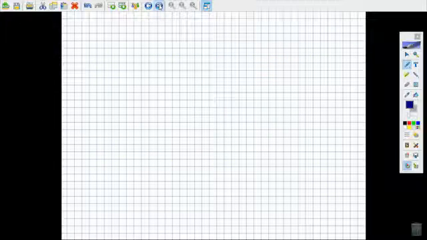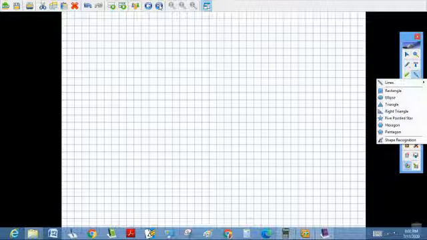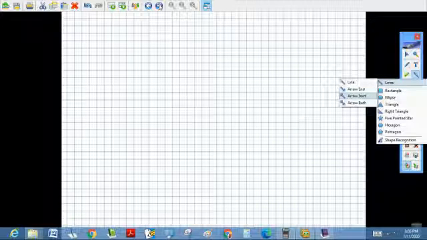Moving ahead, we represent the information in a diagram according to what the question suggests. To do that, we make use of our Mimio drawing tool.